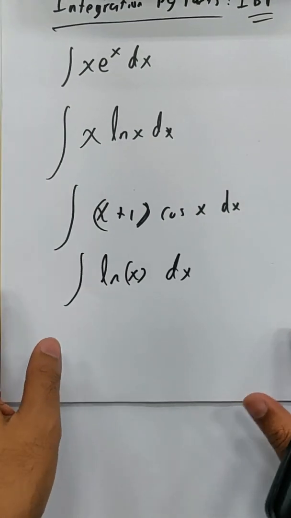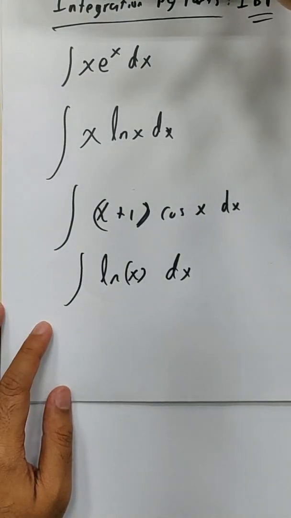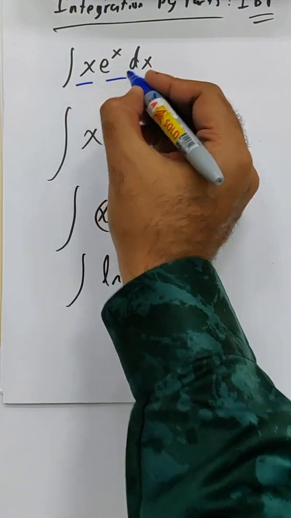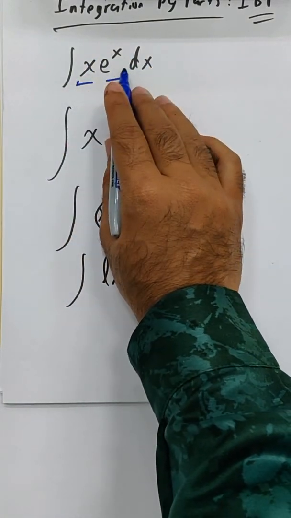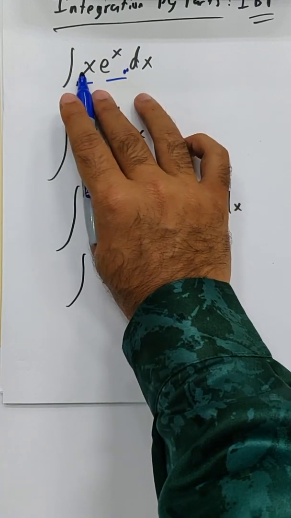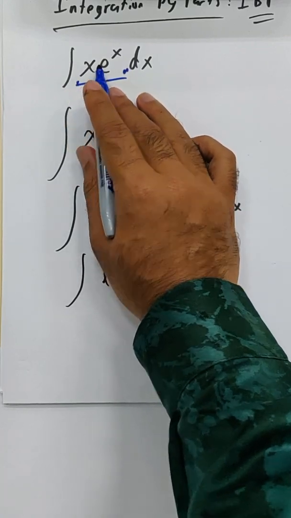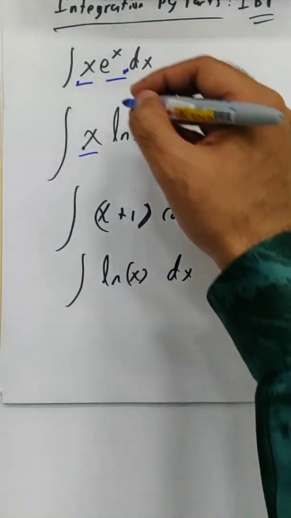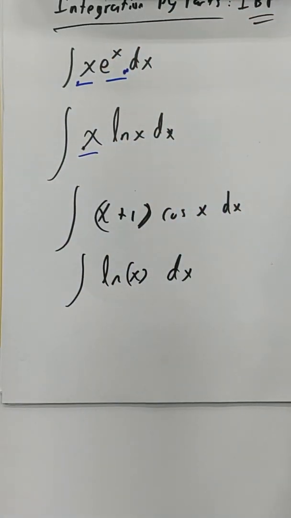This is where it's best for you to see if you have more than two types. What do I mean by that? This is a different type, this is a different type. This one is the exponent type, this one is linear or algebraic type. Some people call it algebraic, some people call it polynomial.